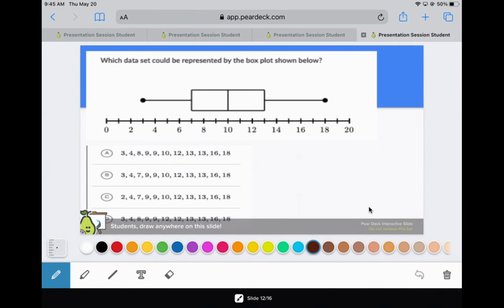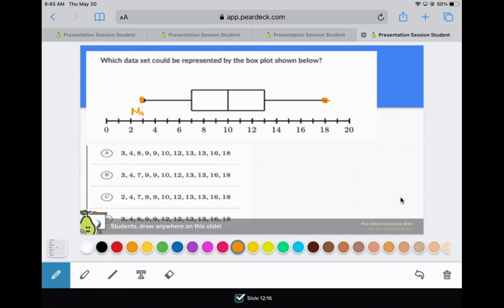Okay, one of the problems that you may run into. They may give you a box and whisker plot, and then you're going to decide which data set matches the graph. So here's the thing, if you understand box and whisker plots, these 2 endpoints right here, that is my min and max.